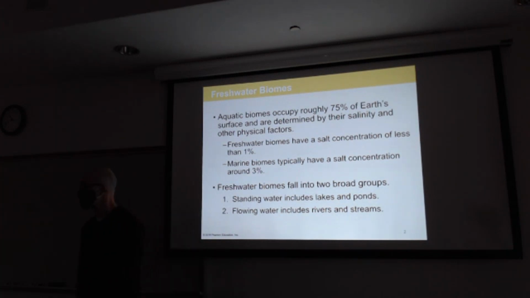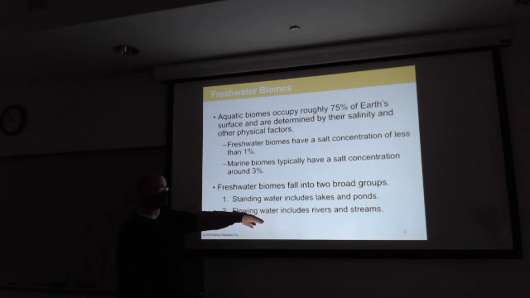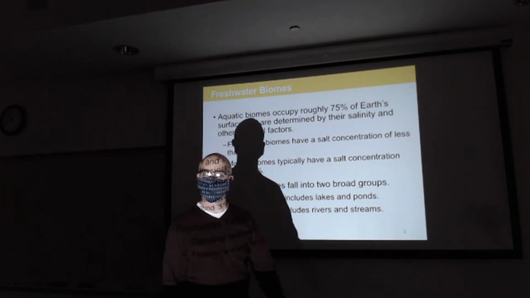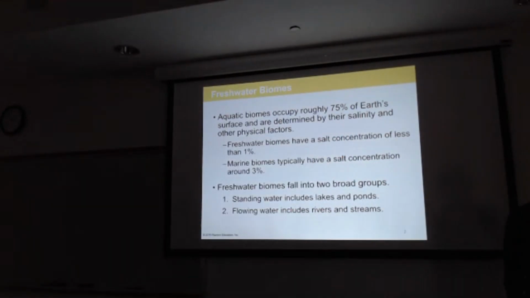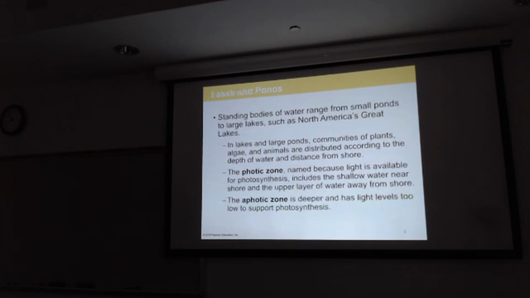It's just 3 times as much. And we can break the freshwater ecosystems down depending on whether they're moving or standing. So this is lakes, ponds, wetlands, things like rivers and streams. And we'll see there are very different types of organisms found in those two types of aquatic systems.